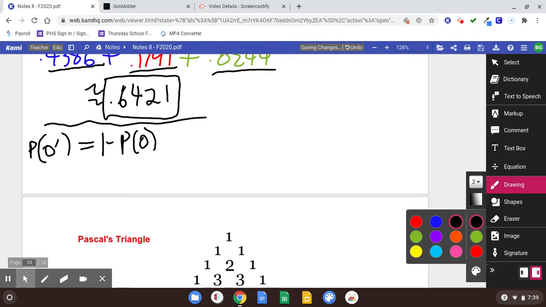So think about that. 1 minus, and let's look at 0 successes. So it'd be 3 choose 0, and it was 0.29, right, to the 0 power times 0.71 to the 3rd power. So 3 choose 0 is 1, and this is going to be 1. So basically we've got 1 minus 0.71 to the 3rd power.